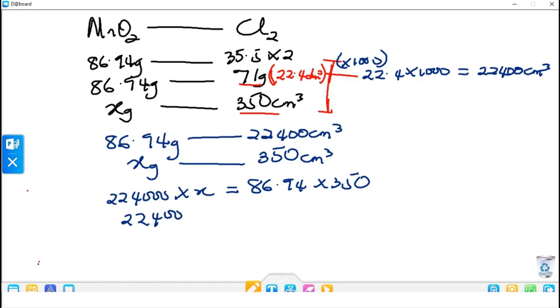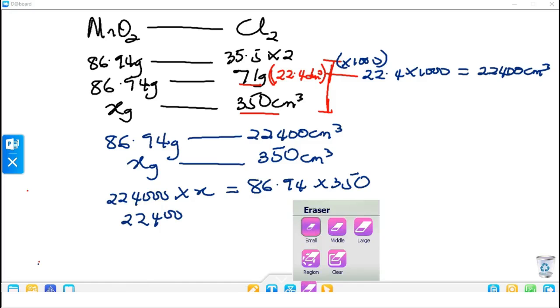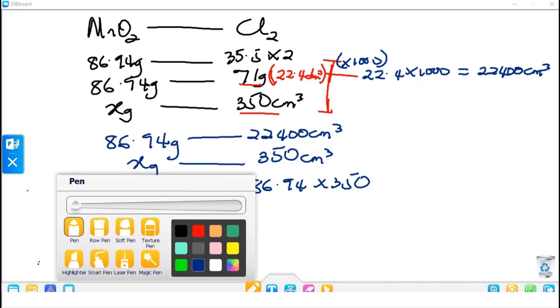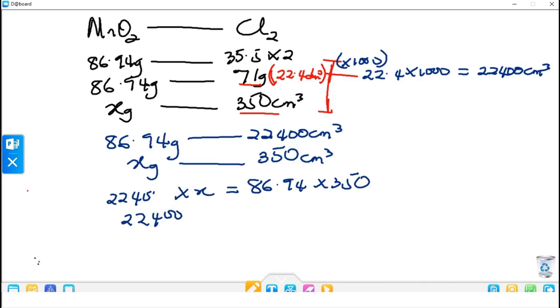So 22,400x is equal to 86.94 times 350. What does it give us? 86.94 times 350 gives us 30429.